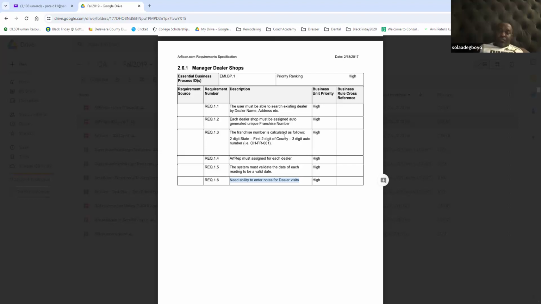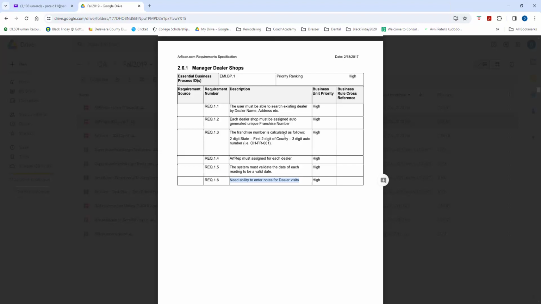Okay. Question? Yeah. So where does the word consistency come in? Consistency means if there are two places which tell you how to generate the franchise number, are they telling you the same information, or are they giving you contradictory information? That's where the consistency comes in.